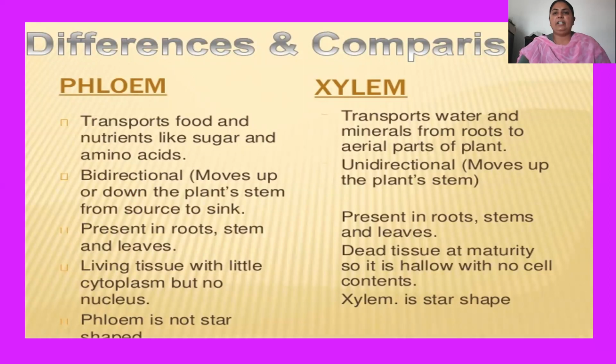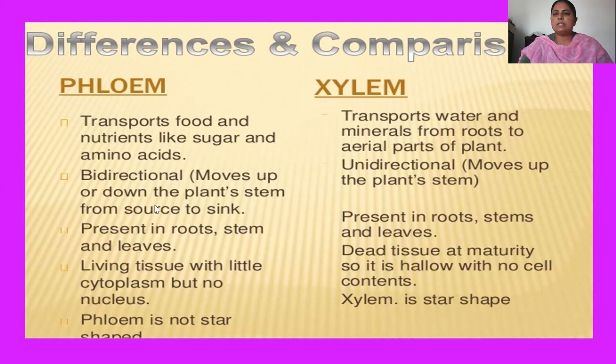Yes, children, here I have written the differences between phloem and xylem. Phloem transports food and nutrients like sugar and amino acids, whereas xylem transports water and minerals from roots to the aerial parts of the plant. It may be branches, stem, flowers, fruits, etc. Phloem does bidirectional movement, that means it moves up and down the plant stem from source to sink.